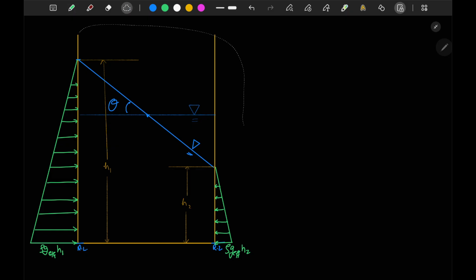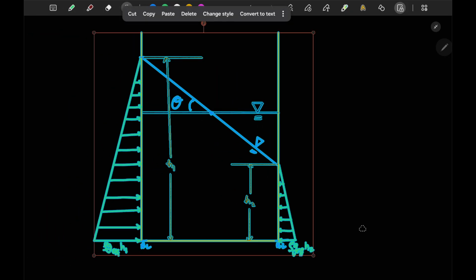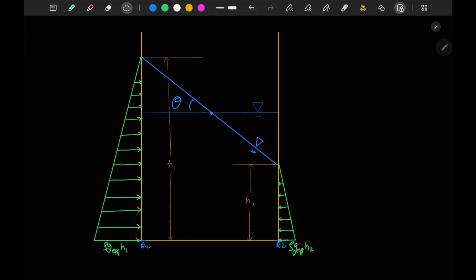Let me move it into the center first, and I would like to show one more point. If it is asked what is the force on both walls, we know from the last to last lecture, the hydrostatic force on the surfaces. From there we can say that some force F1 will be acting here, and some force F2 will be acting at this point.